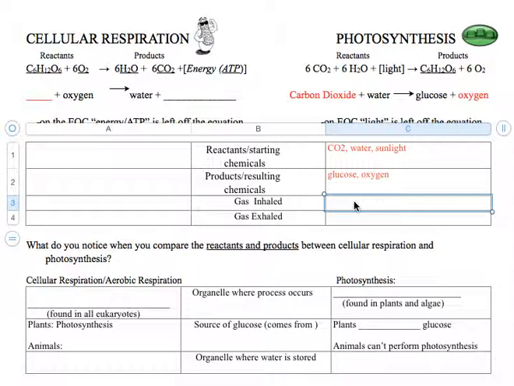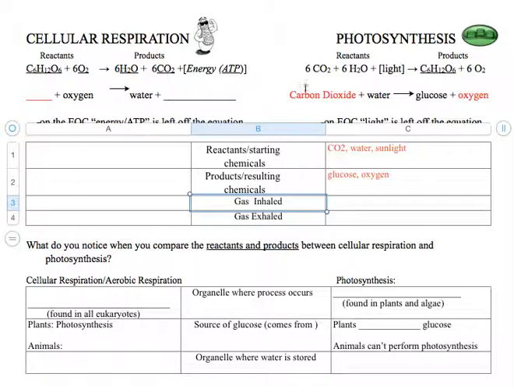Now, the gas that gets inhaled, there are 2 gases in this equation. There is carbon dioxide, what you are exhaling right now as an animal, and then there's oxygen. Now, inhaled, that's what the plant takes in. Whatever the plant takes in for photosynthesis, if you look back up to this equation, that's the reactants. These go into the plant to create what's on the right side of the arrow, the products.